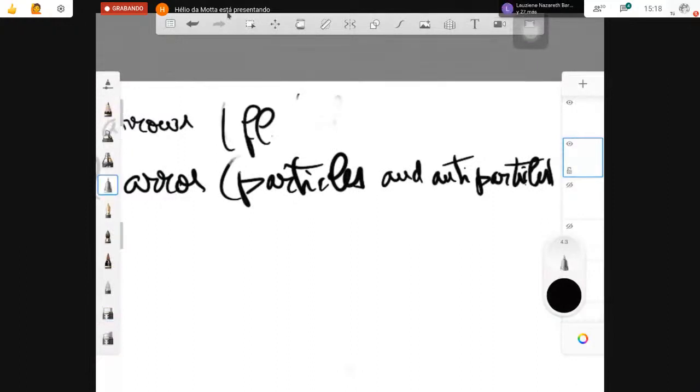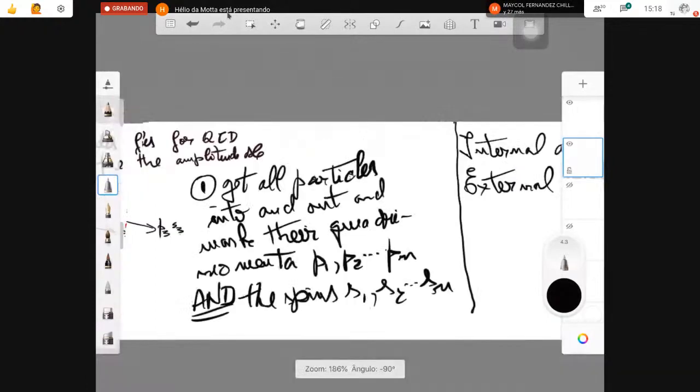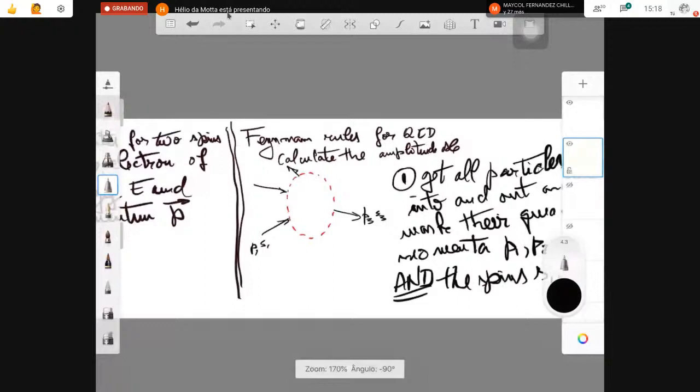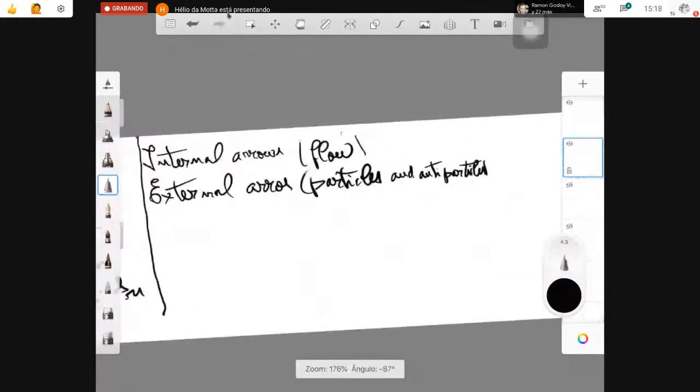So the flow: the external ones entering or leaving the system are either particles or antiparticles. It could be electron, muon, neutrinos, or whatever. But remember we're talking about QED, so neutrinos are not involved here because neutrinos do not interact electromagnetically.